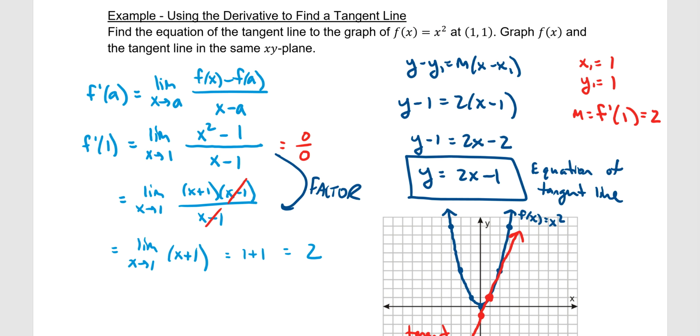So for now, for simplicity, we're only going to be working with polynomials. If you had a square root function or a rational function, you'd have to do something different. Factoring would not work. For us, factoring will work for these questions because we will work with polynomials.